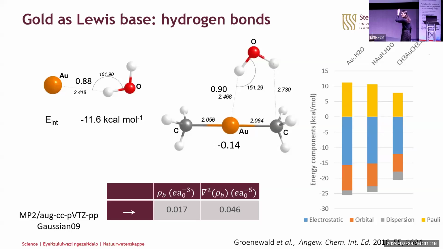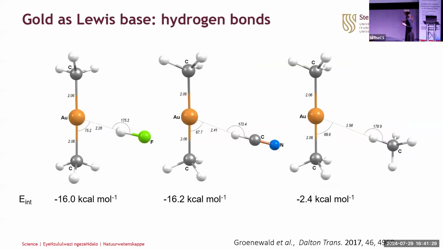Water has a bit more of an electrostatic interaction, but we also see all of these components. So again, this is a typical distribution that we would expect from a normal hydrogen bond.